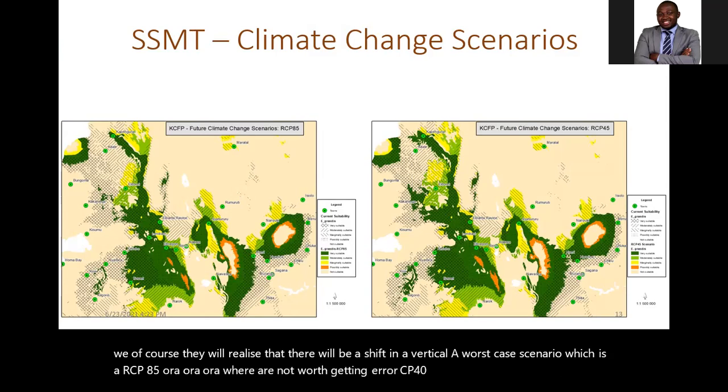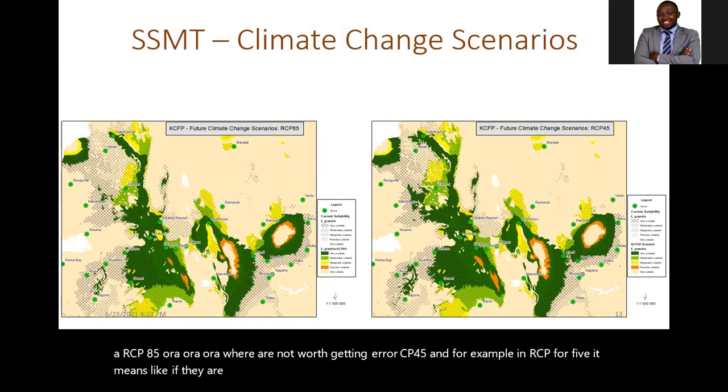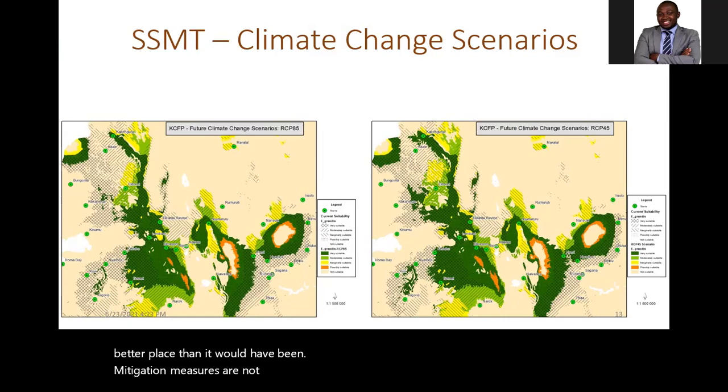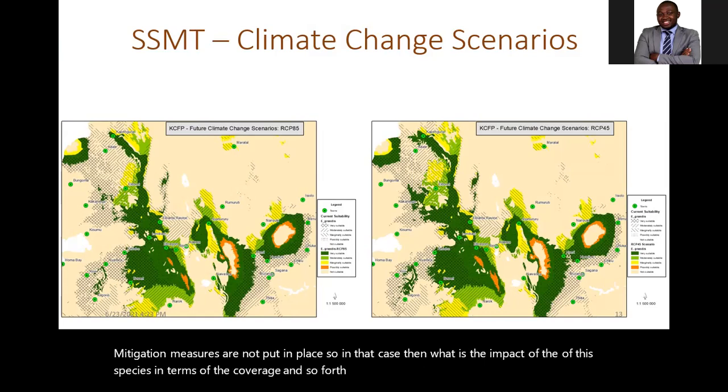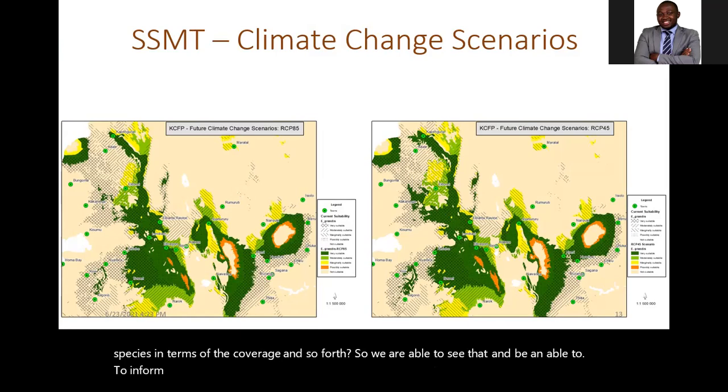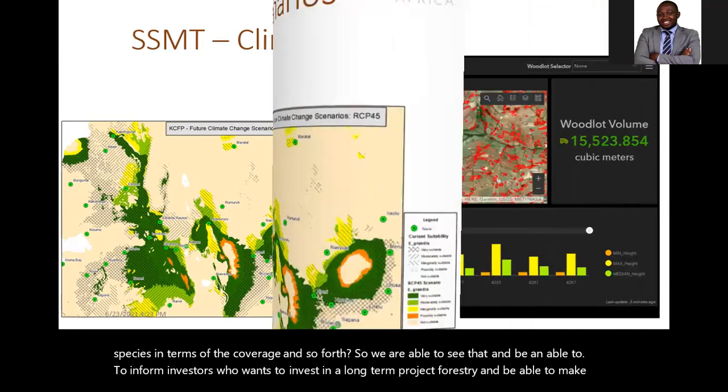In RCP 4.5, if mitigation measures are put in place, we will be in a better place than if they are not. So we look at the impact on these species in terms of coverage and so forth, and we are able to inform investors who want to invest in a long-term project like forestry, so they can make a wise decision.